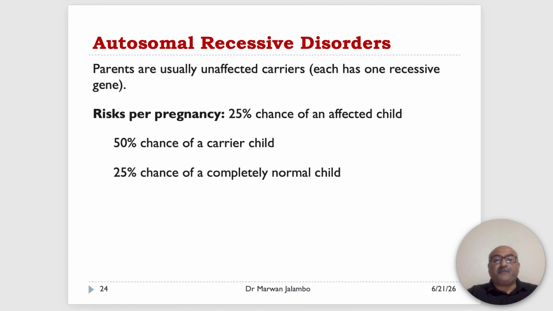When two carriers reproduce, the genetic math dictates that for each pregnancy there is a 25%, a quarter, chance of having a child with the disease, a 50% chance of having a healthy carrier, and a 25% chance of a child with two completely normal genes.